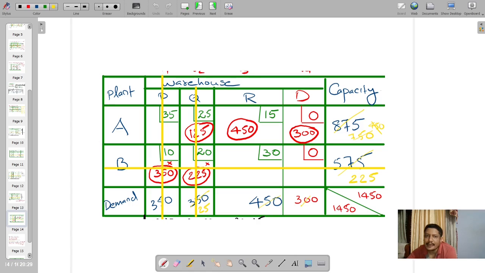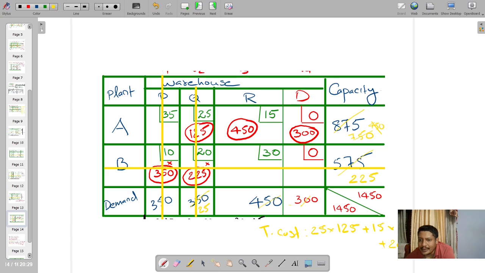So you can calculate the transportation cost. The transportation cost will be 25 into 125 plus 15 into 450 plus 0 into 300, plus 10 into 350 plus 20 into 225.